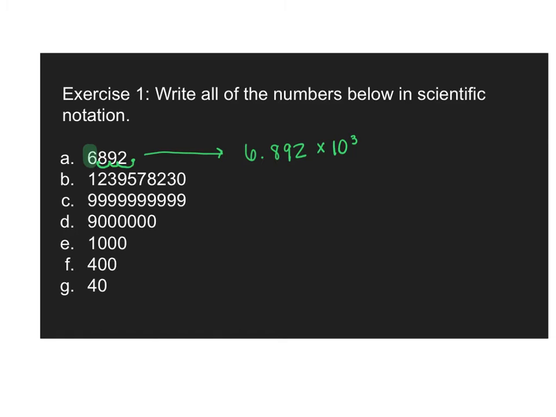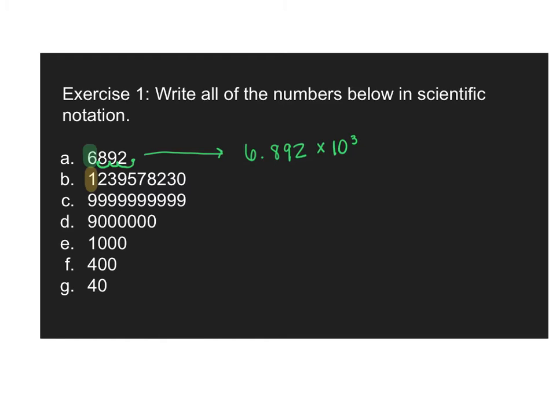Okay? Please do this next one for me. Identify your leading digit. Count your spaces. And I want you to go ahead and write your full answer out. All right, please check it with me.